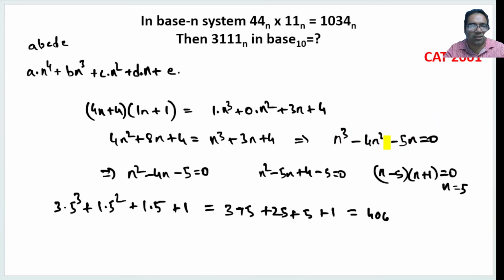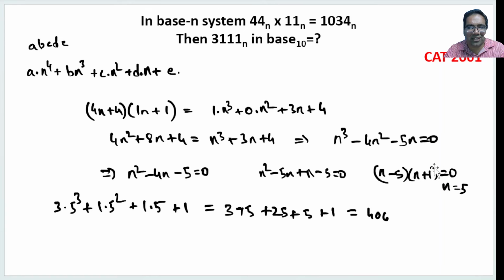We can take n common, so this simplifies to n square minus 4n minus 5, which means n square minus 5n plus n. So that becomes n minus 5 into n plus 1 equals 0.